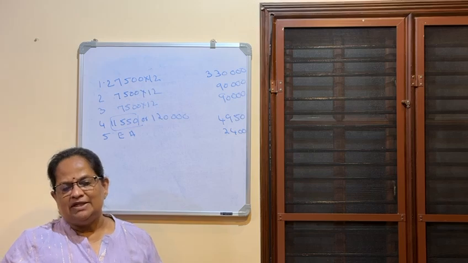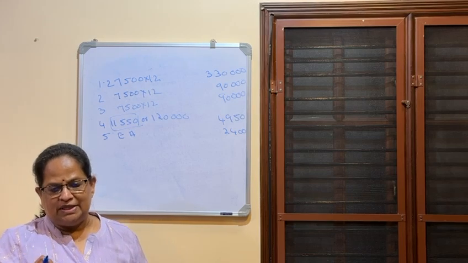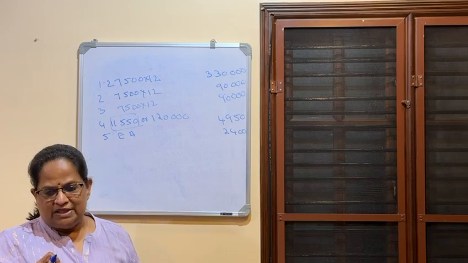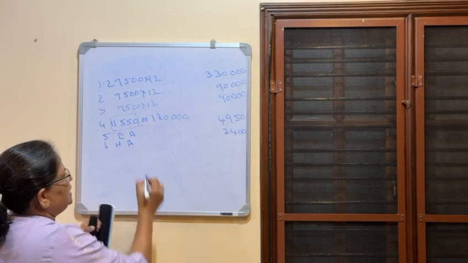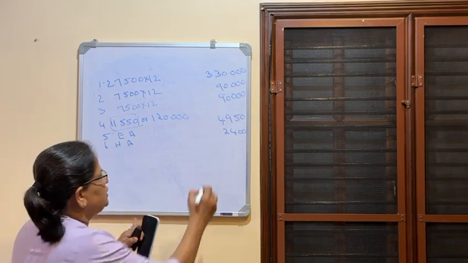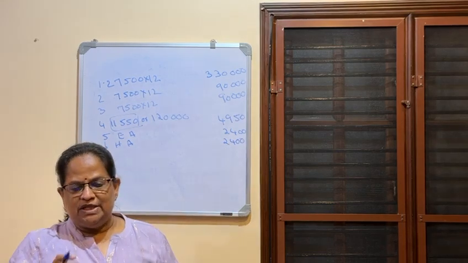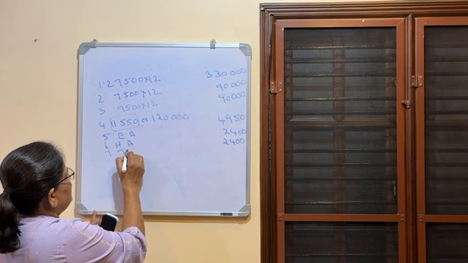Now hostel allowance 500, employer is giving 500 per month, that is 6,000. Exempted amount is 300 per month. So 6,000 minus 3,600, hostel allowance taxable value is 2,400. Now the next one, city compensatory allowance fully taxable, 750 into 12.